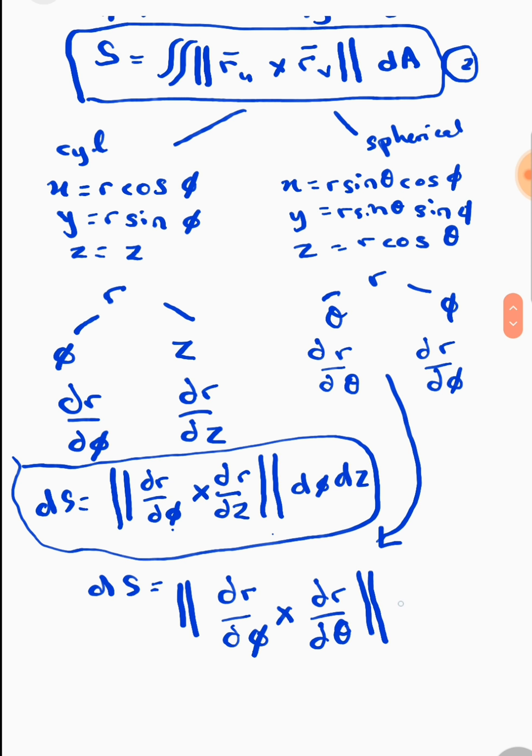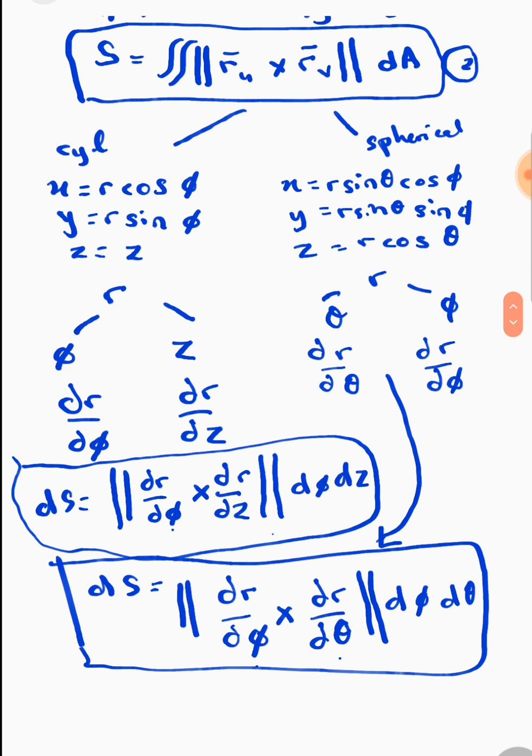And for your dA here, as you guessed correctly, one tip is to look at the denominator. So it will be d phi d theta. So this will be the one that you can use for the spherical coordinate, for a spherical base shape.